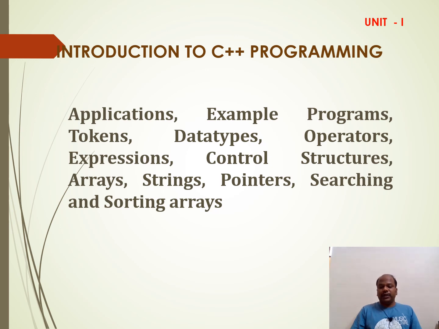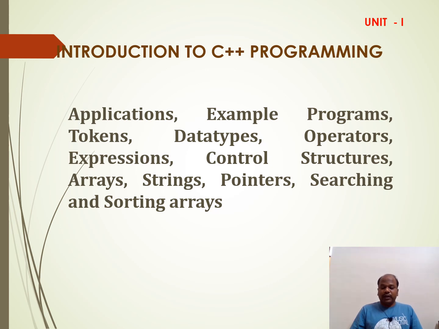So here in unit 1, the first subtopic is Introduction to C++ Programming. The first topic of unit 1 is Applications of C++. Here we can know the different types of applications which are built using C++ programs.